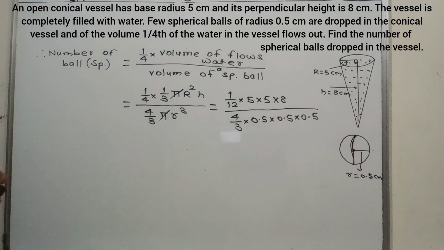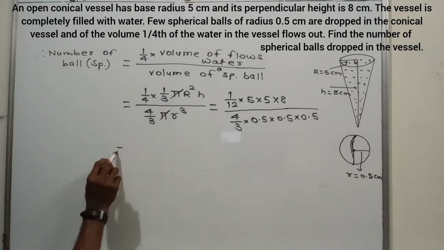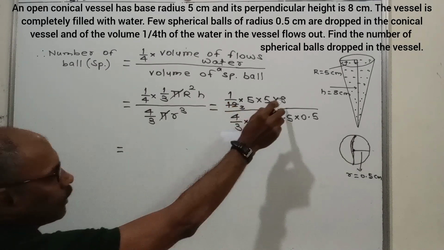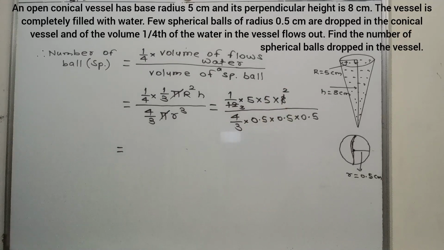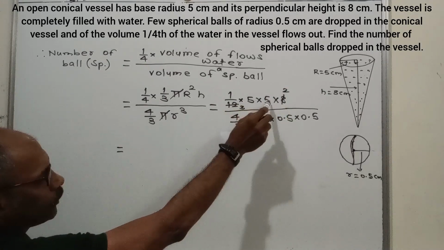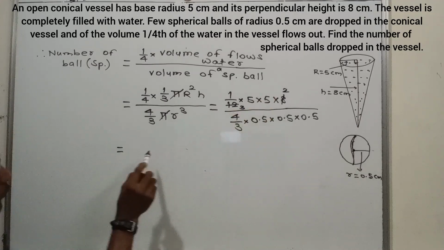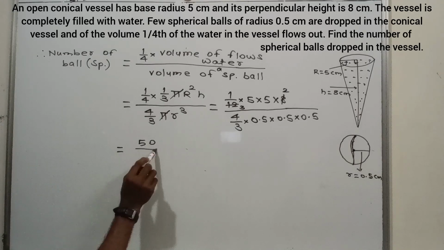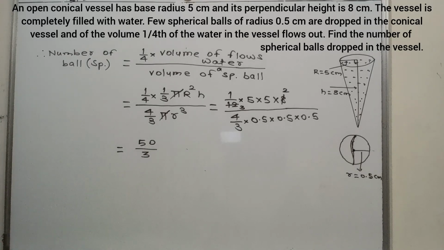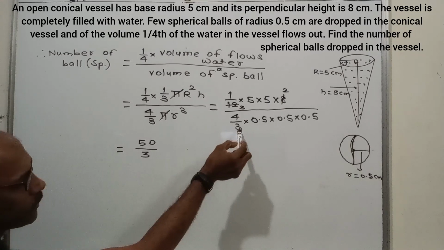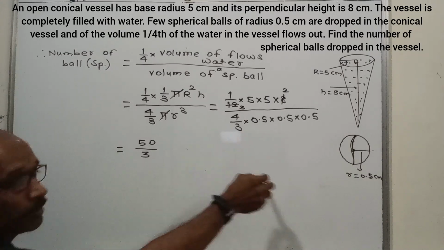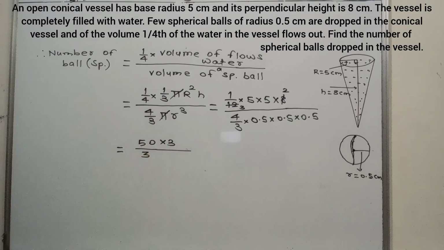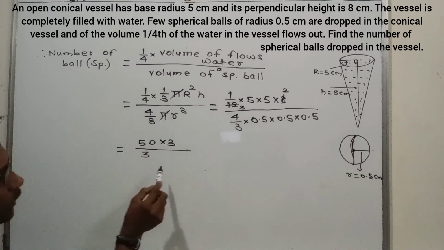Now see this carefully, is equal to, here 4 3s are 12 and 4 2s are 8. Okay, 5 into 5 is 25, 25 into 2 is 50 upon 3. Okay, now here this 3 at the denominator we take at the numerator, then what is left here?